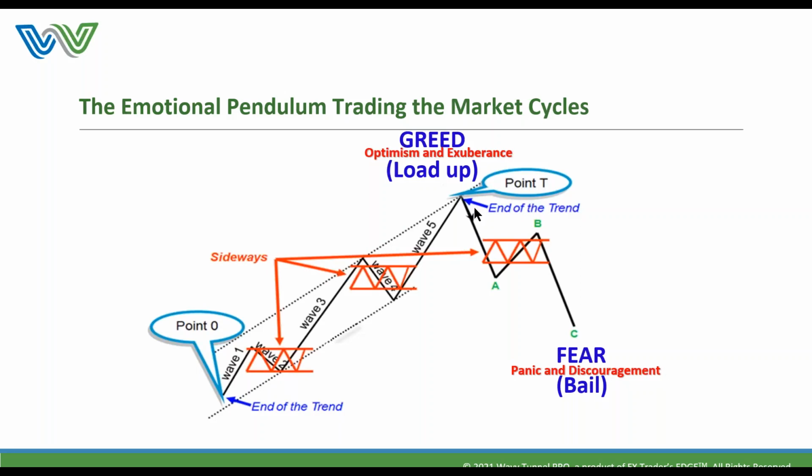Now let me just explain a little bit about the personality of this wave. When we move down for a wave A, and then we move back up again, some optimism sets in again with traders, thinking, oh, great, I'm holding my position, I'm great now, we are going to take out this previous high. And then what happens?